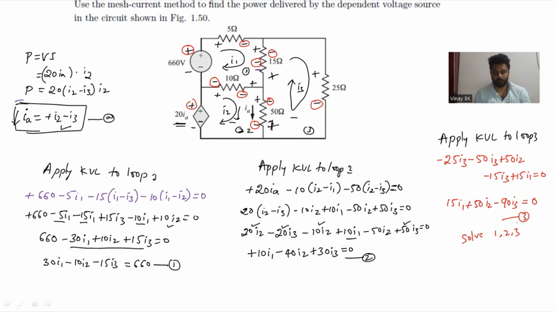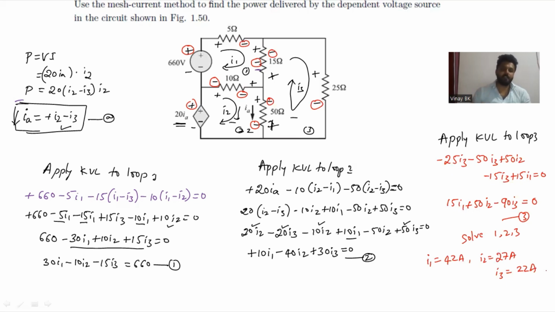Similarly, A2 is 10, B2 is minus 40, C2 is 30, D2 is 0, A3 is 15, B3 is 50, C3 is minus 90, D3 is 0. So you can get I1 equals 42 amperes, I2 equals 27 amperes and I3 equals 22 amperes.